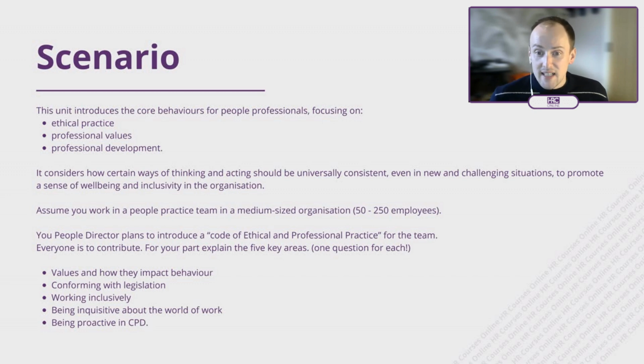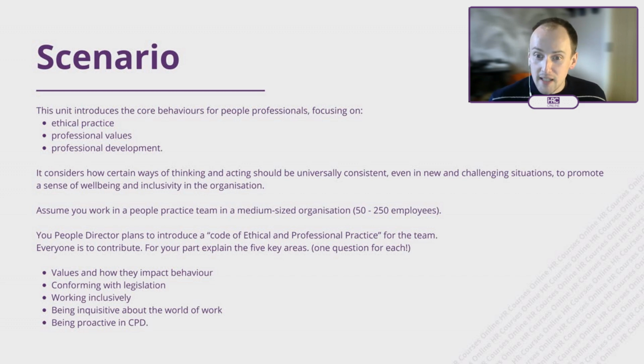With that being said, the people director for this assessment is saying to you that your boss wants to introduce a code of ethical and professional practice for the team. Everyone needs to contribute to this. So your part has been asked to look at 5 key areas, and spoiler alert, each of those 5 areas is one of the 5 questions.